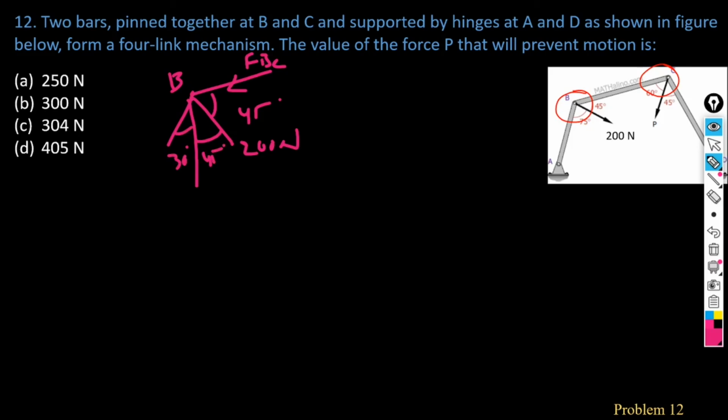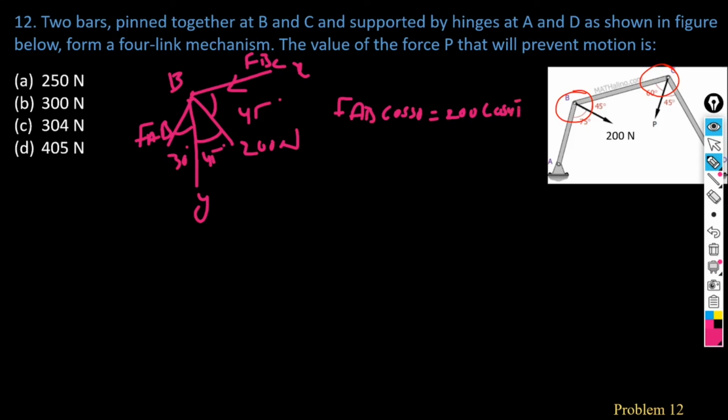Let this be the x-axis, this be the y-axis. You can resolve the forces along the y-axis since this is in equilibrium. Then FAB cos 30 is equal to 200 cos 45.